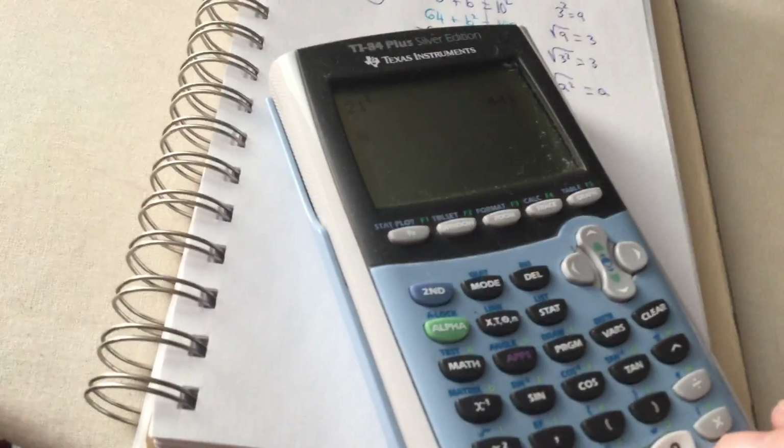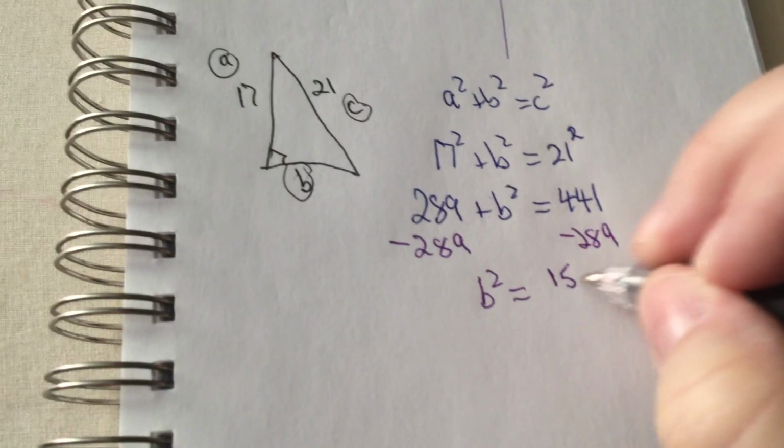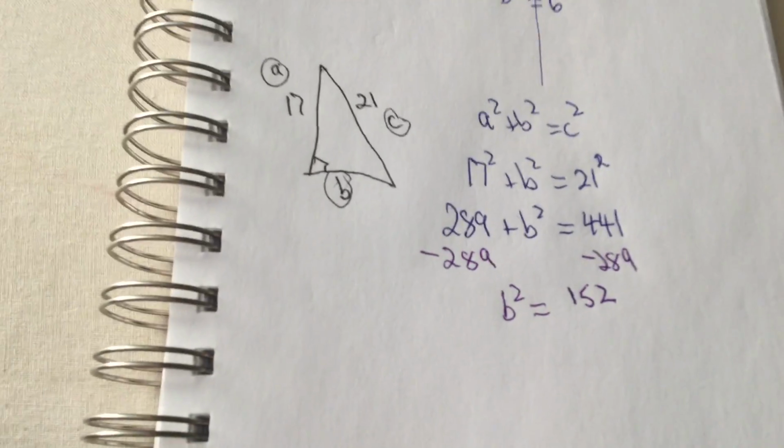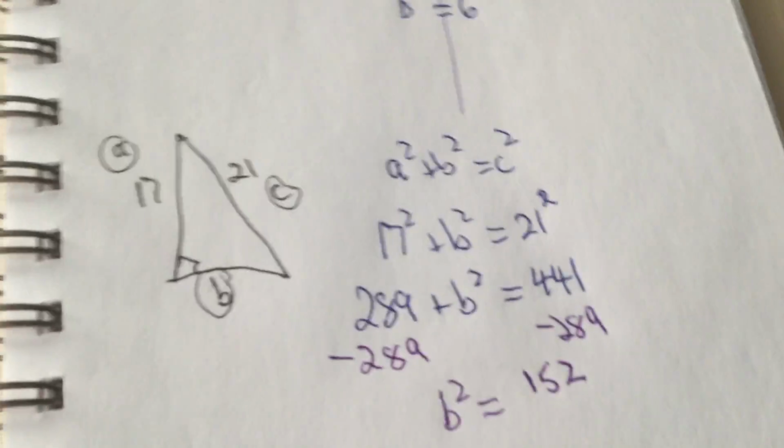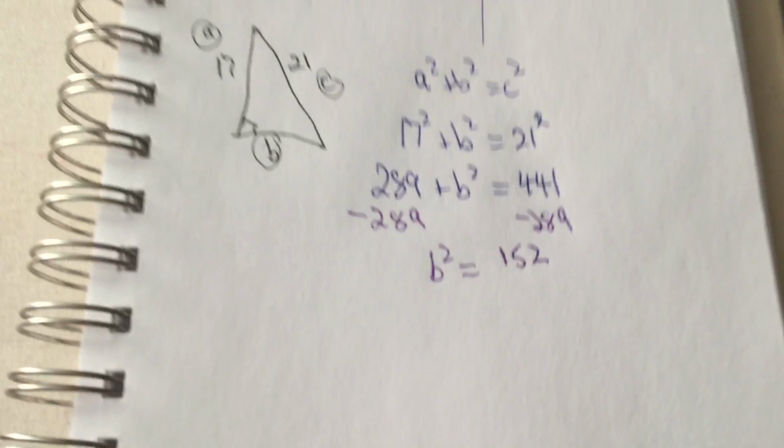What is 441 minus 289? That's 152. Sweet. Okay. 152. Now, yay, we're done. Sorry about that. Woohoo! Nope, we're not done.